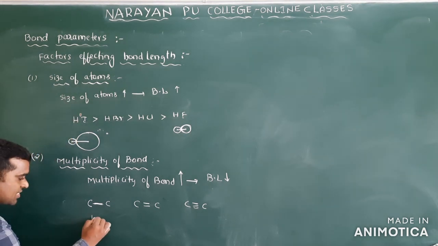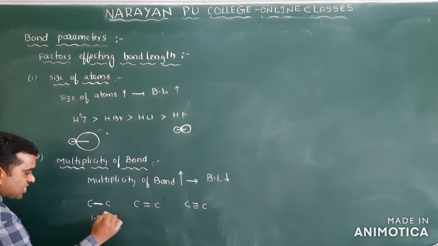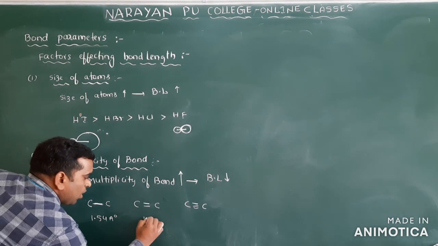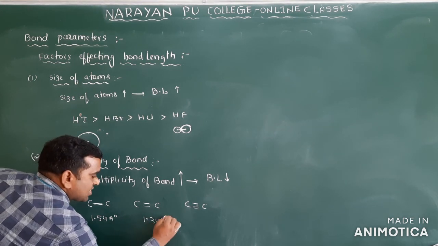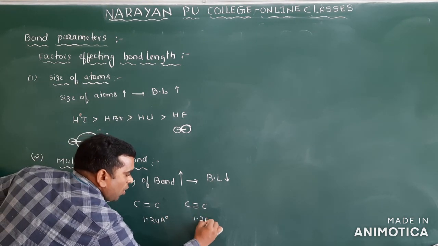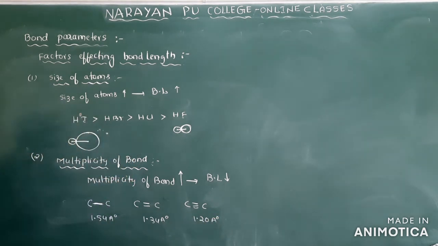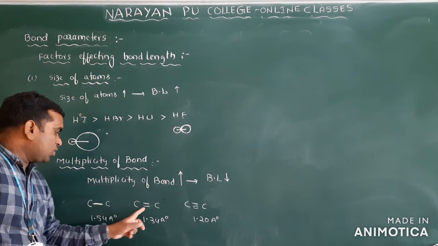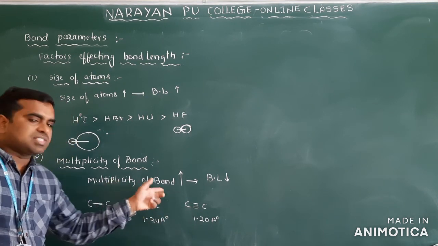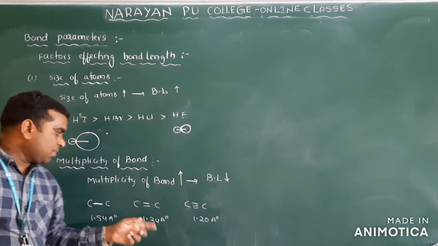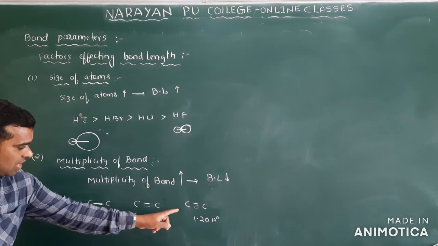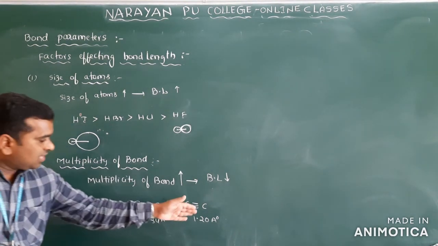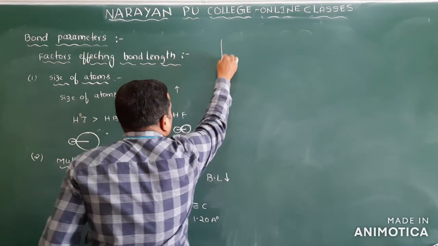Here bond length is 1.54 angstrom, here 1.34 angstrom and here 1.20 angstrom. As the number of multiple bonds increases, one bond, two bonds, three bonds, the bond length decreases. This is another concept.